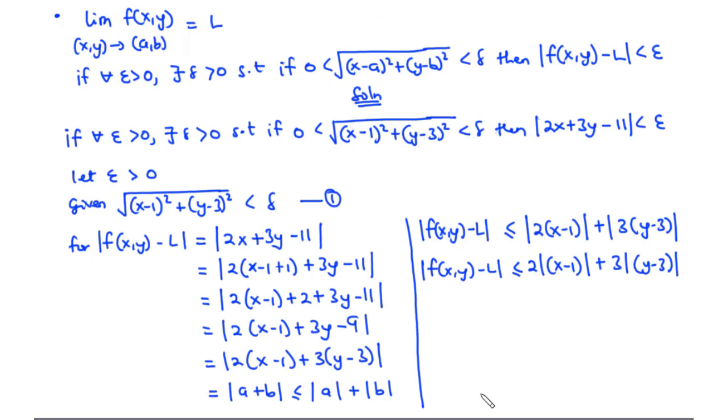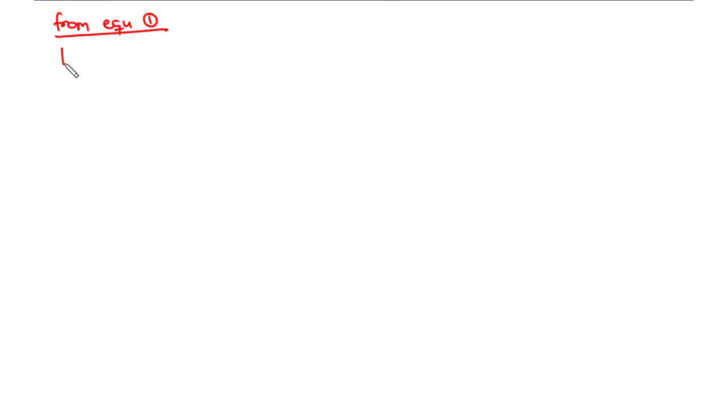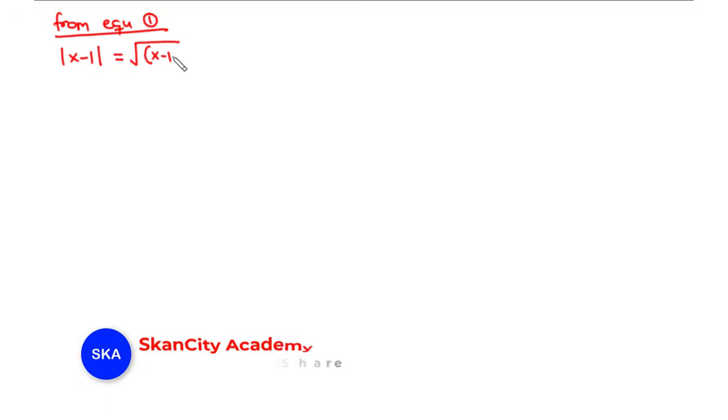So from equation 1, here we have the absolute value of x minus 1. So the absolute value of x minus 1 is equal to the square root of (x minus 1) squared. Now this is another property of the absolute value.